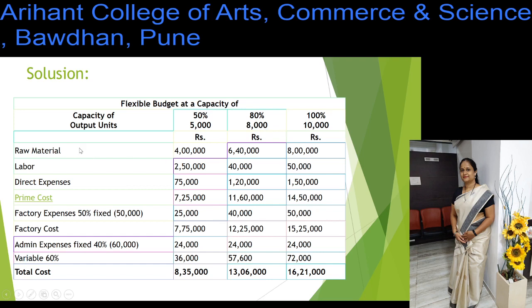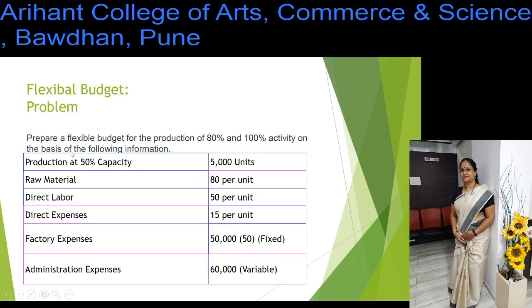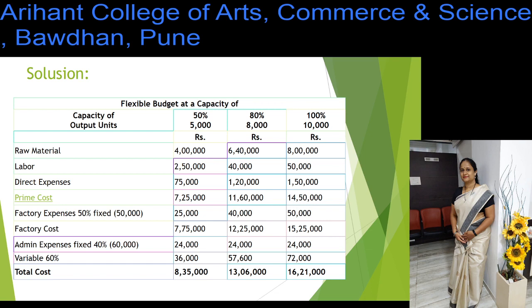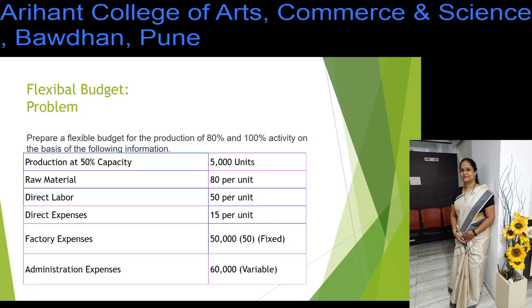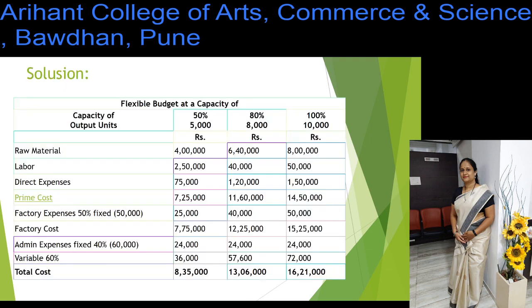So if 50% is 5,000 units, then 80% will be 8,000 units and 100% will be 10,000 units.